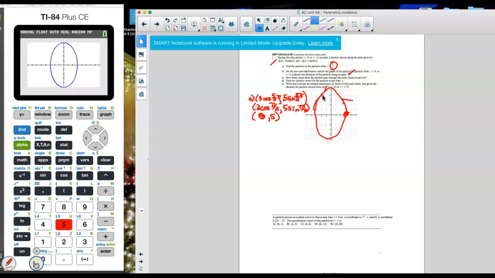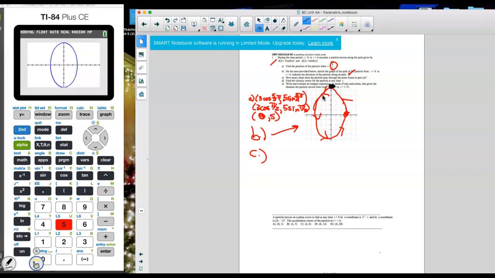So it started at 3. Again, if you couldn't see that on your calculator, just plug a 0 in for t and do it in your head. Then it says how many times. So part B is done. Part C says, how many times does the particle pass through the point in part A?